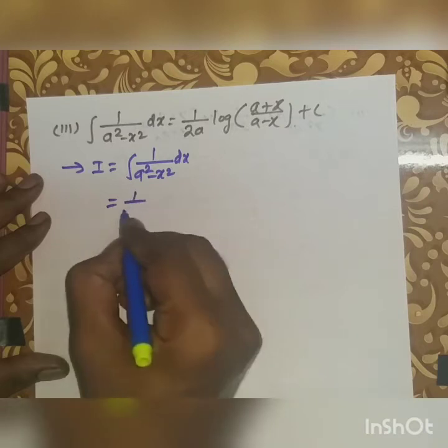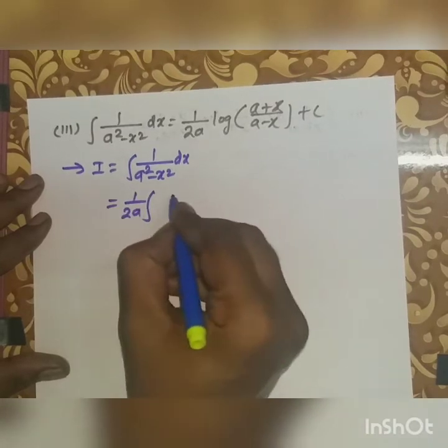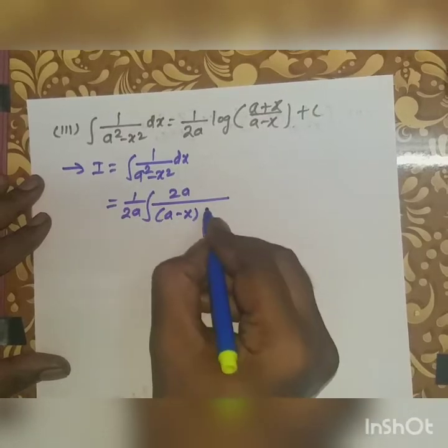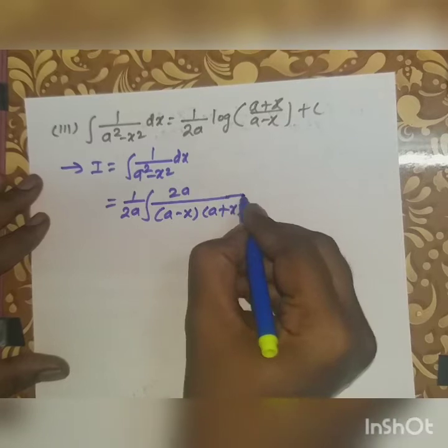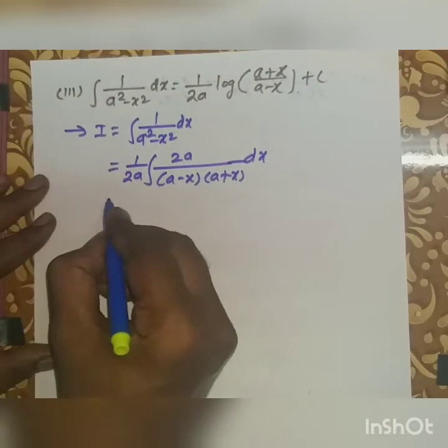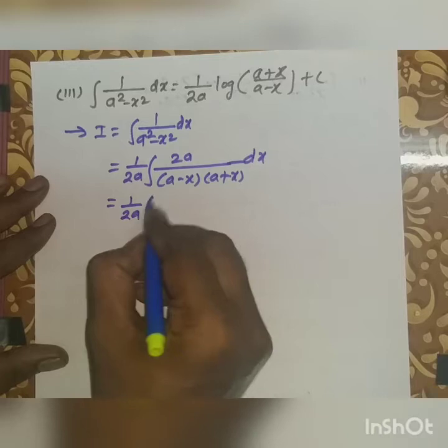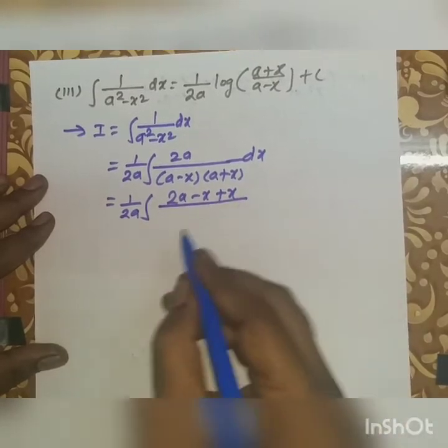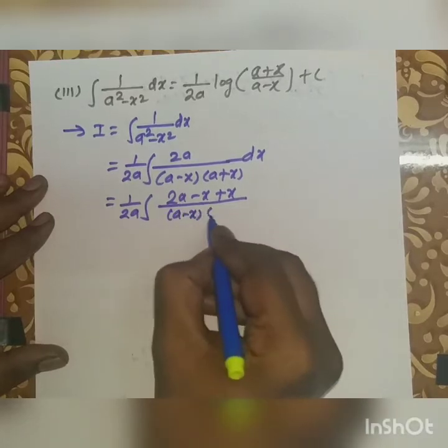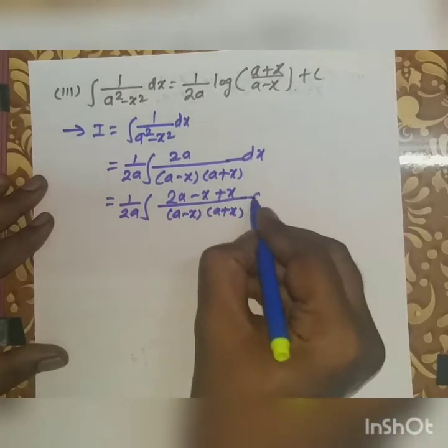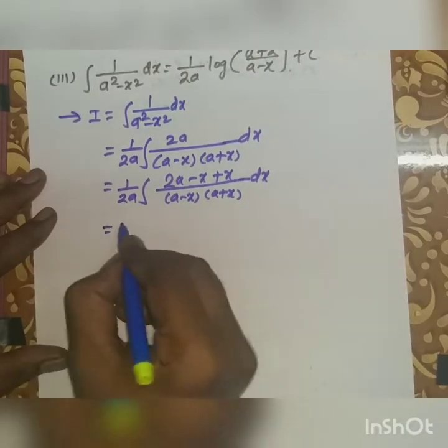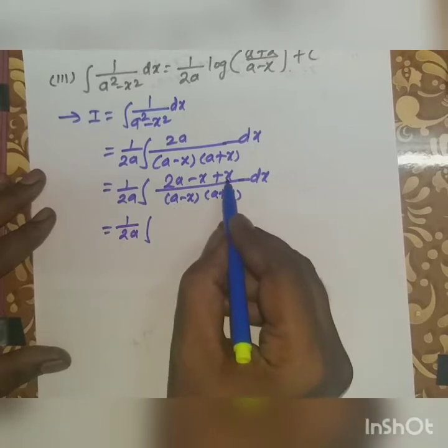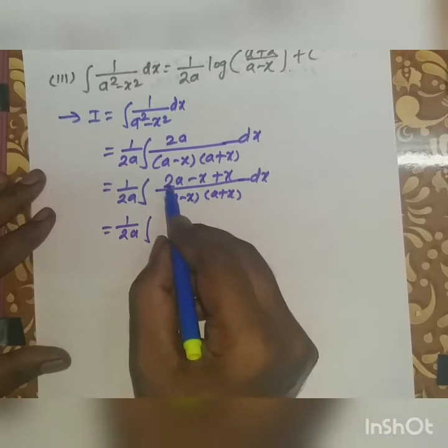Again we adjust 1 divided by twice a, integration of twice a, factorize this a minus x, a plus x, dx is equal to 1 divided by twice a, (a minus x plus a plus x) whole divided by (a minus x)(a plus x) dx. Again we write a plus x out of these two.